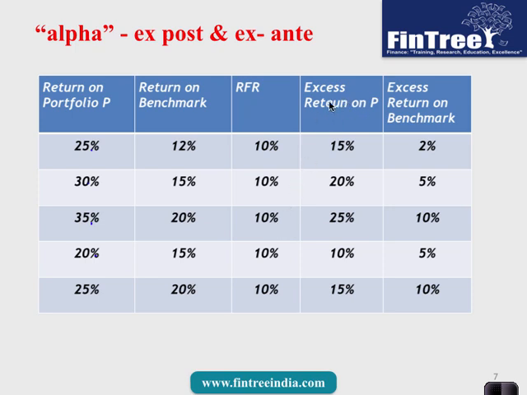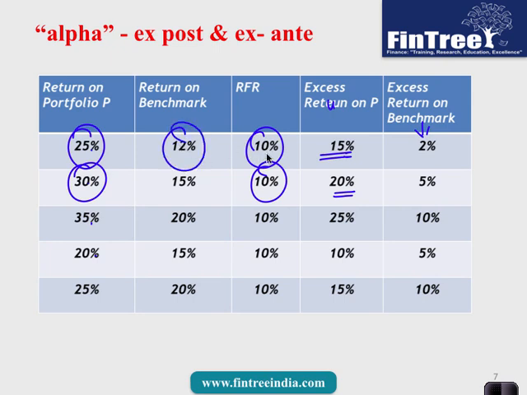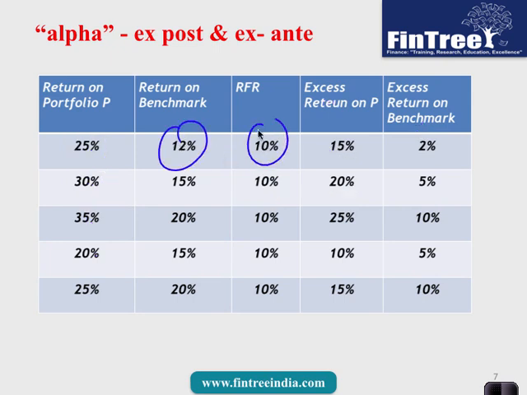Then we can calculate excess returns on P, which would be 25 minus 10, 15, 30 minus 10, 20. In the same fashion, we can calculate excess return on benchmark, which would be 12 minus 10, 2, 15 minus 10, 5.